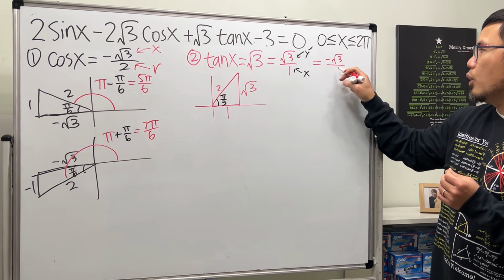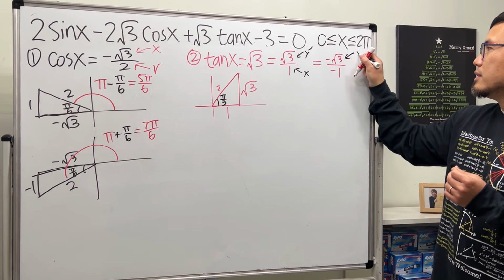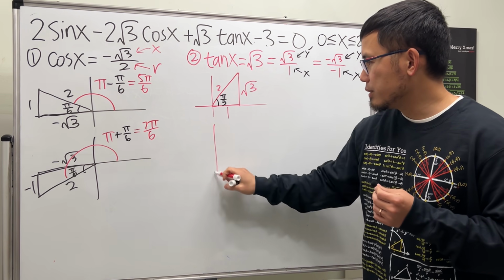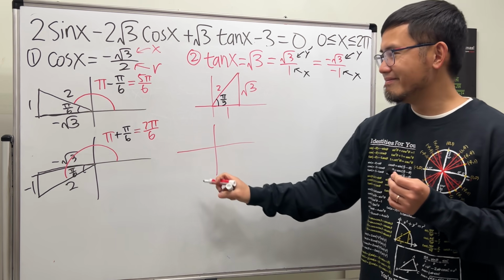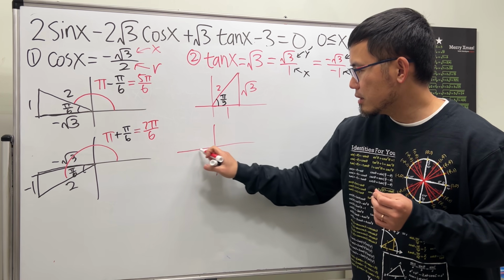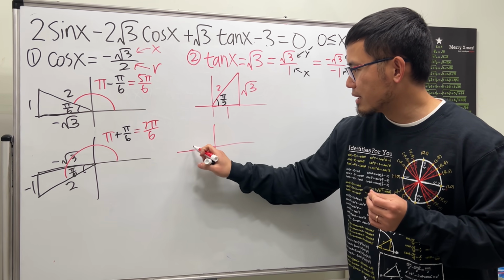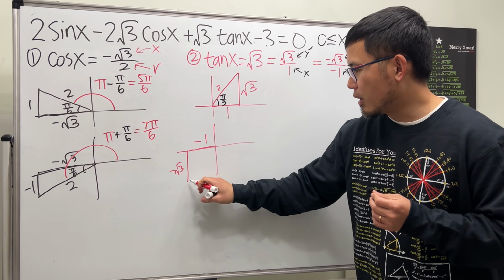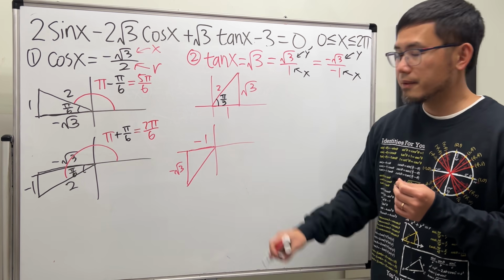So next, let's see if we want to draw another reference triangle, we will negate both of them. Negative square root of 3 over negative 1. This is y, this is x. So I will just put it down right here. Y is negative square root of 3, so maybe let me put down the x first. X is negative 1 like this, and then y is negative square root of 3 like this, and r is always positive like that.